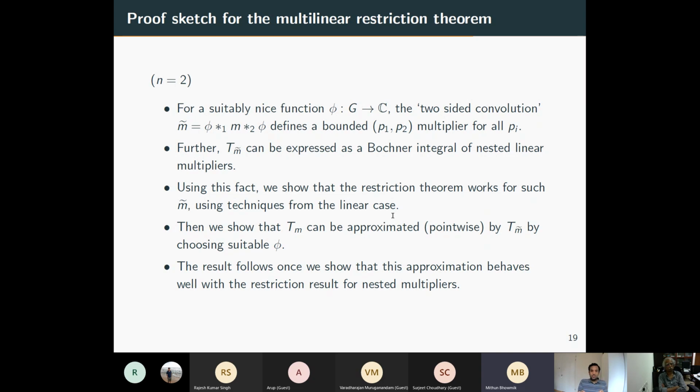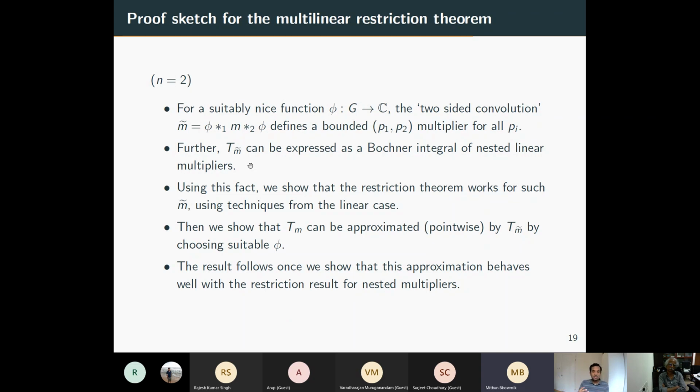Once you do this, you can also rewrite the multiplier corresponding to this m tilde in terms of some Bochner integrals, or in terms of some integral corresponding to nested linear multipliers.